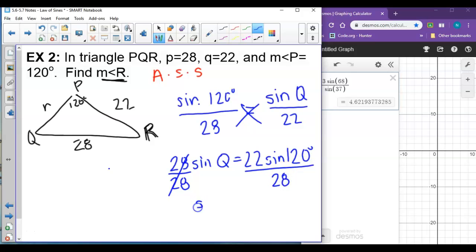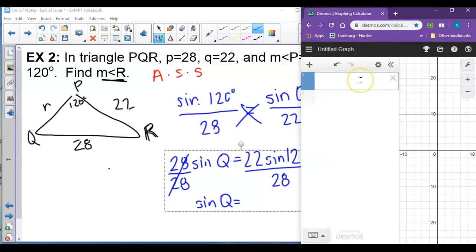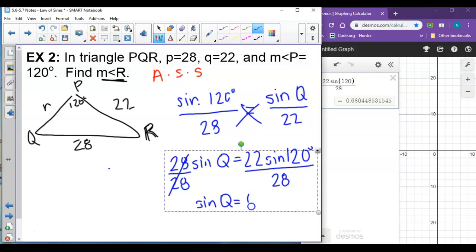And so sine of Q is going to equal, and let's go over here and type this into Desmos, 22 sine 120 divided by 28, and we're going to get 0.6804485 and so on. Keep that number right there so that you can use it.